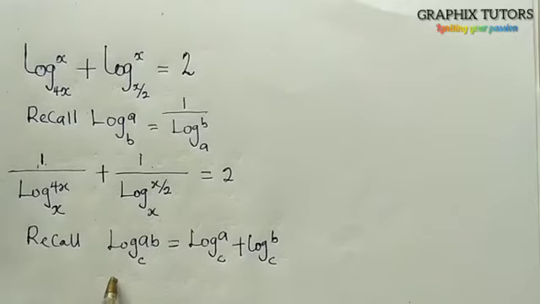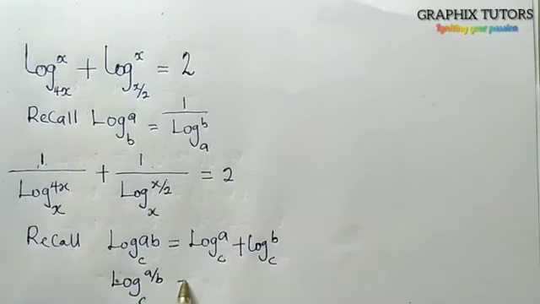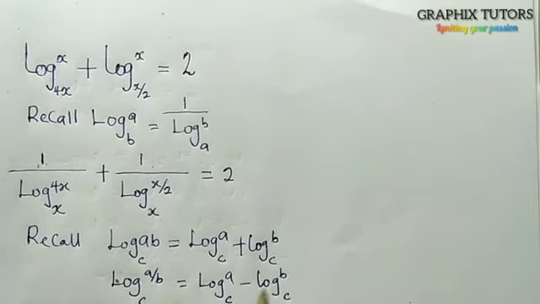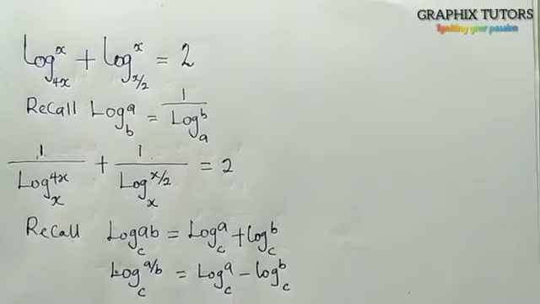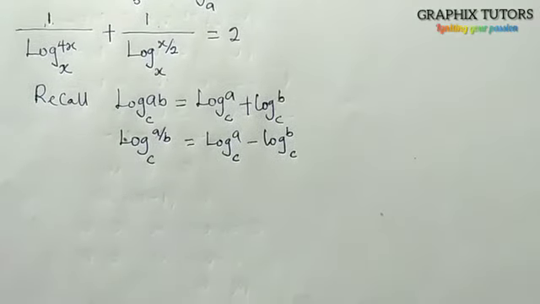Similarly, if I have log A over B to base C, since they are dividing, it will give us log A to base C minus log B to base C. So when it is division, introduce a negative sign, right?